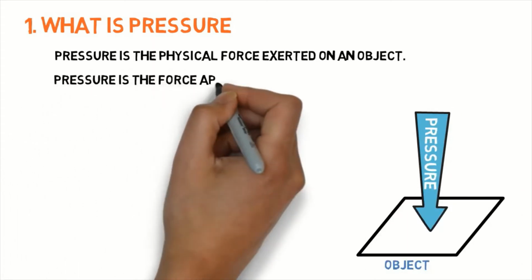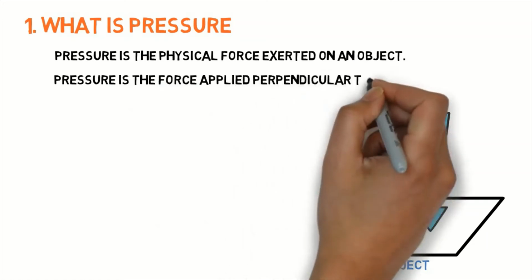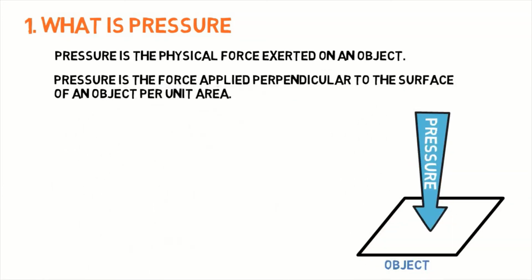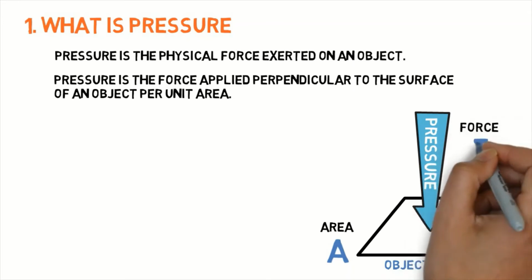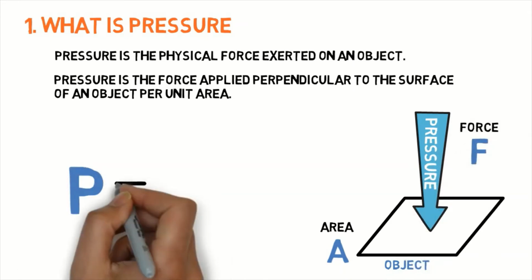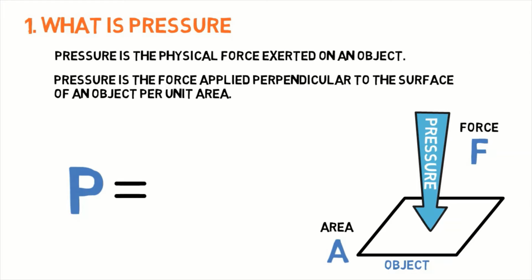Pressure is the force applied perpendicular to the surface of an object per unit area. Area is A, force is F, and pressure is P. Pressure is equal to force divided by area.